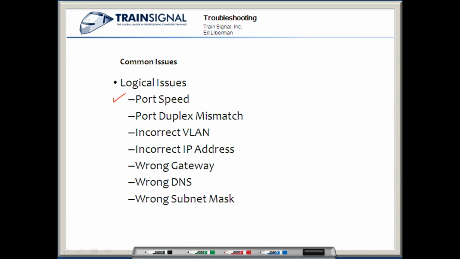Now, the other issue you can run into here is, what if you have a network interface card that does not support multiple speeds? Maybe it only supports one speed, and that one speed does not match. Same issue. Now, along those same lines, you can have port duplex mismatch.